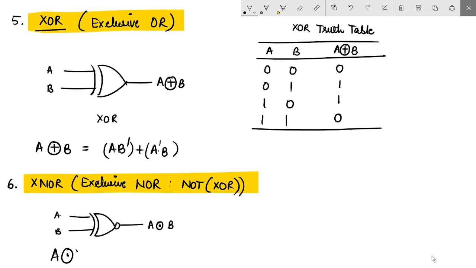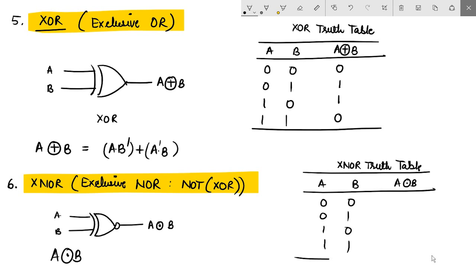A dot inside a circle B. This is how an XNOR operation is denoted, and this is how the truth table looks like. Obviously, it is going to be a complement of XOR. So wherever there were ones, it will become 0. Wherever there were zeros, it will become 1. So it is 1 0 0 1.